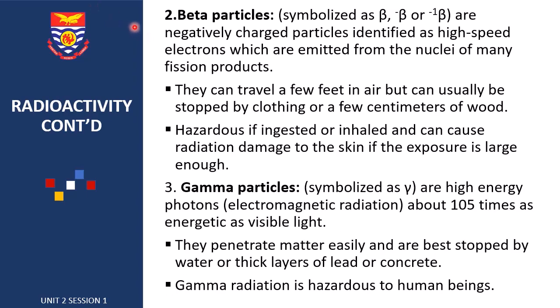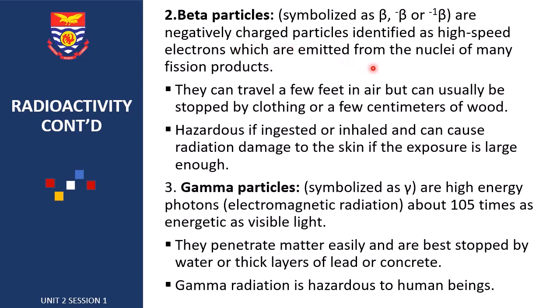Another radiation that we shall be considering is the beta particle, which is symbolized by the ordinary beta symbol, or beta superscript negative, or beta superscript -1, which means that they are negatively charged and they have high speed.